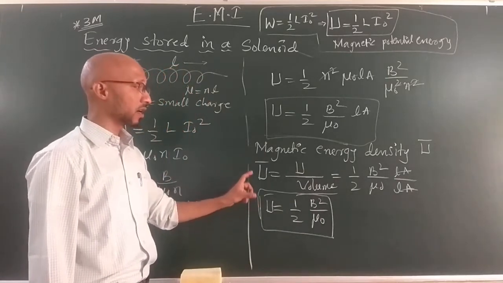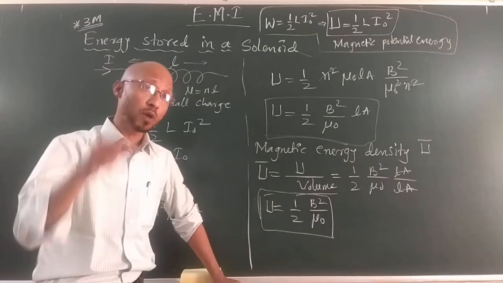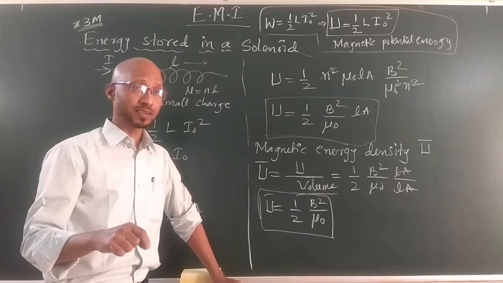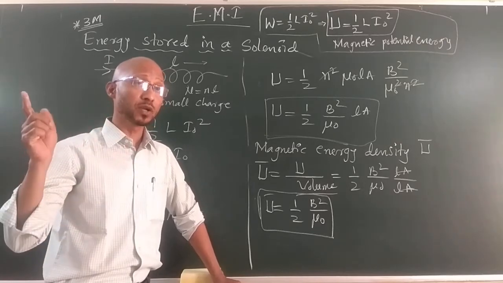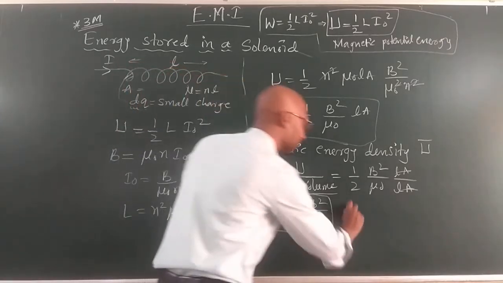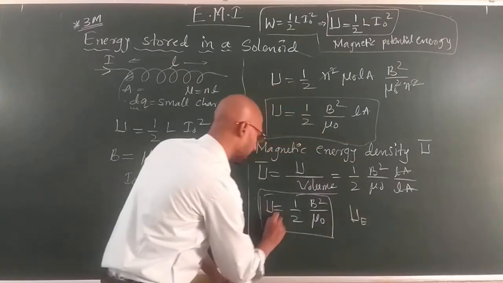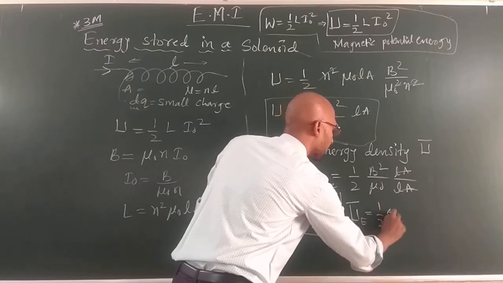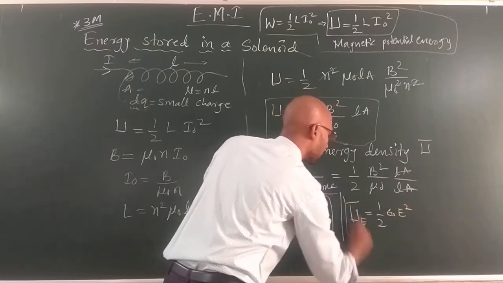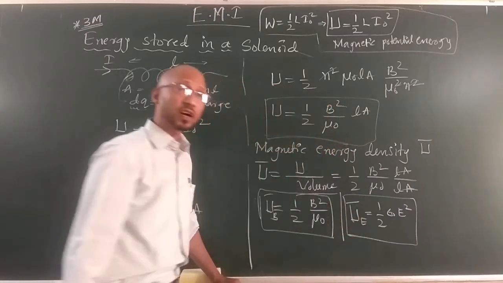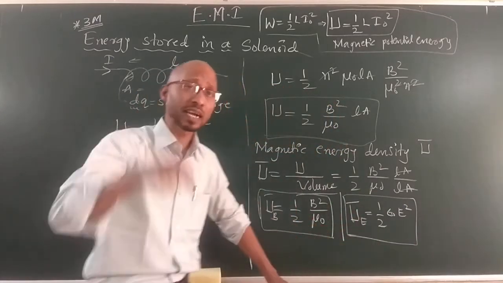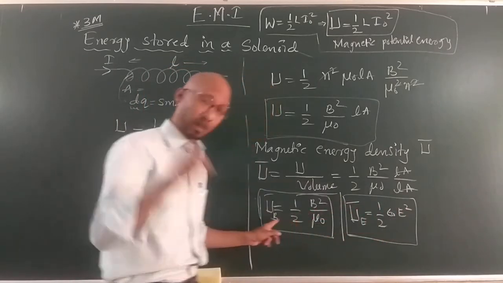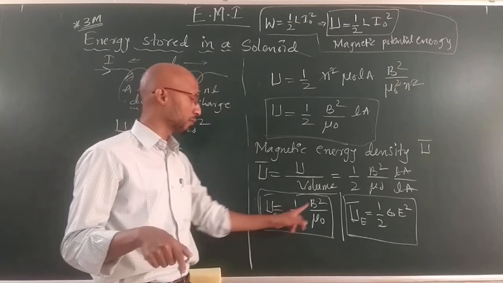Now let me also write down the energy density per unit volume in a parallel plate capacitor. How much electrical energy is stored in a capacitor per unit volume? It is half epsilon naught E squared. And how much magnetic energy is stored in an inductor? Half of B squared by mu naught.